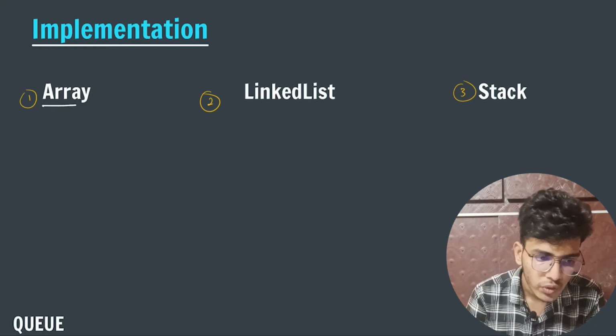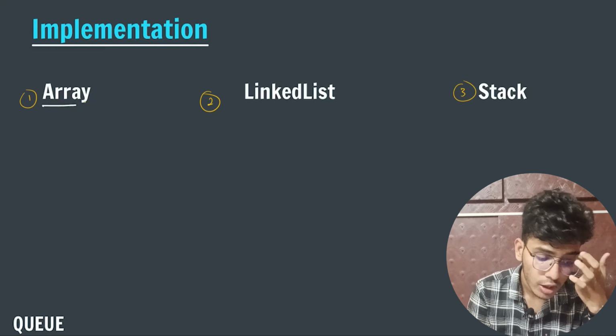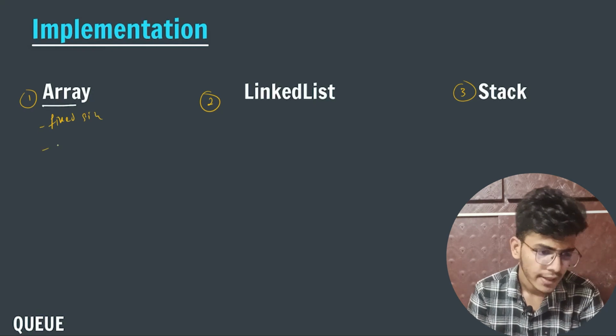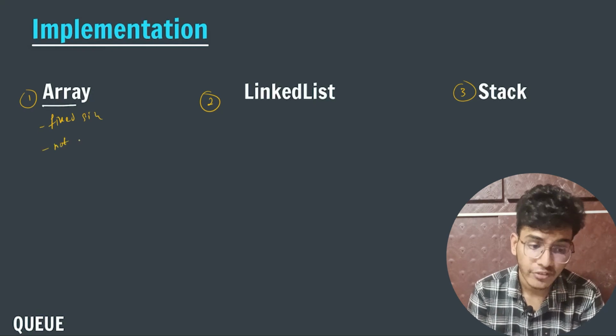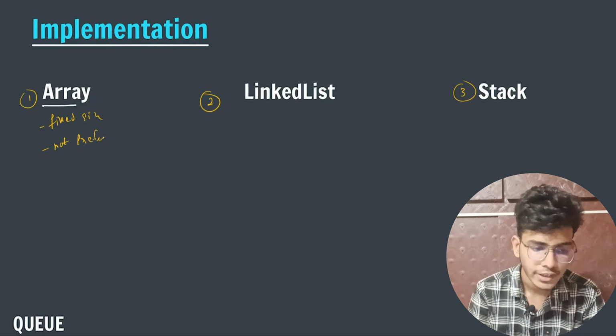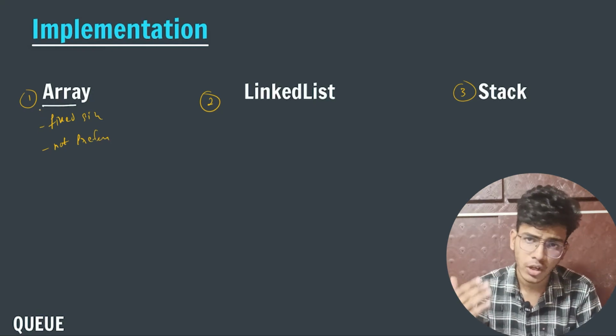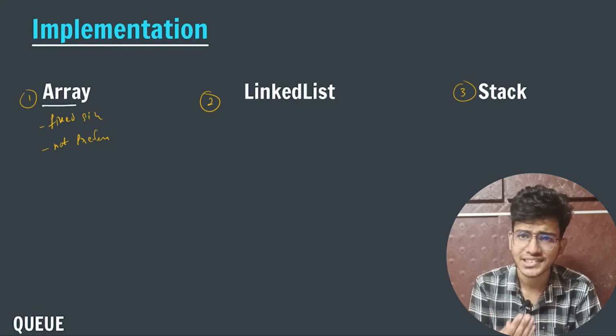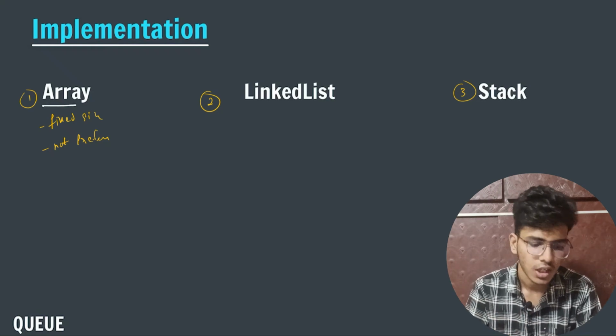First of all, let us go with arrays. I already told you that arrays are of fixed size, and again this is not a much preferred way, because the size is fixed. So if you want to add n number of elements, then it can't be possible because the size itself is fixed, right?